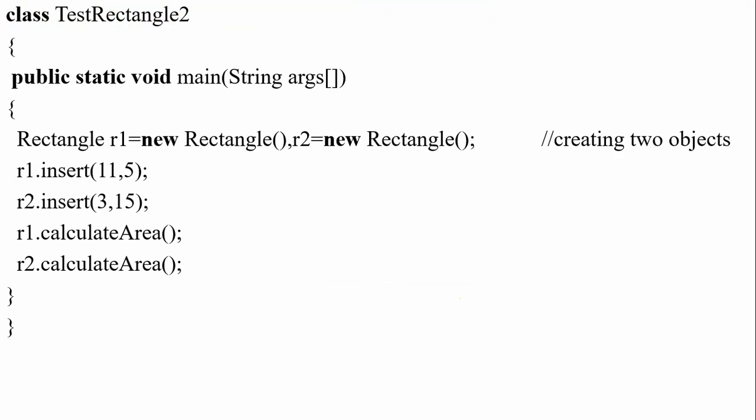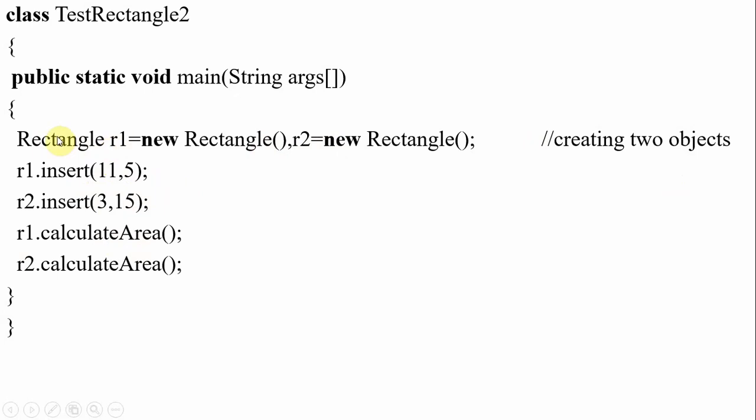So class Rectangle is one class, and class TestRectangle2 is another class where we have the main method. It's an example for the previous concept: one type, more than one reference variable, objects of the same type. So Rectangle r1 equals new Rectangle, comma r2. r1 and r2 are two reference variables of the same Rectangle class. r1.insert(11,5), r2.insert(3,5). We are assigning like this.